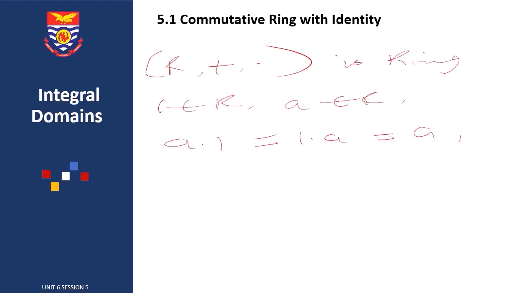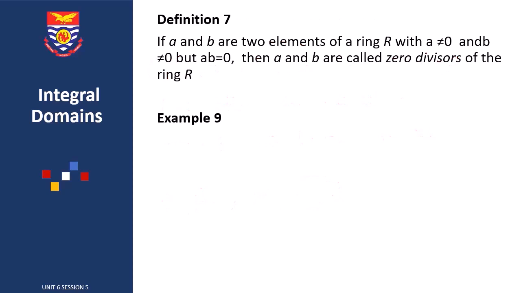So any ring which satisfies addition and multiplication defined on the real numbers is called a commutative ring with identity or unity.